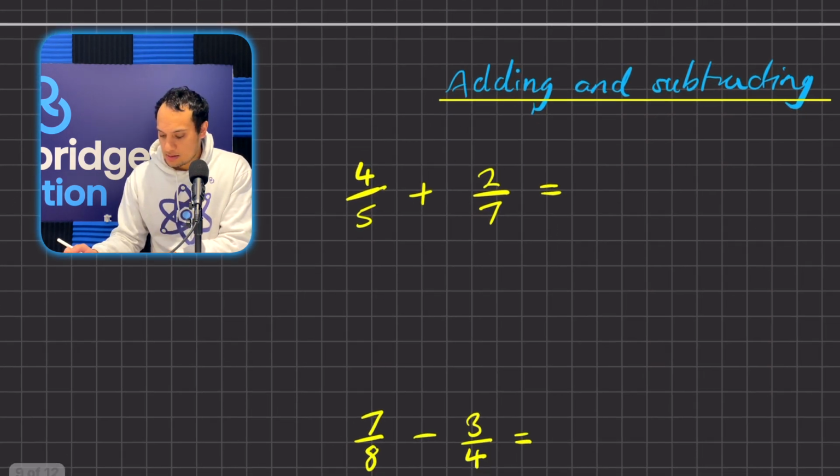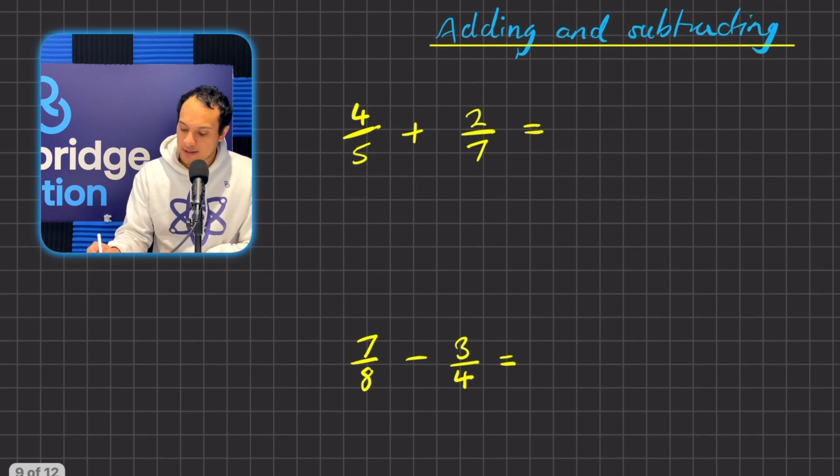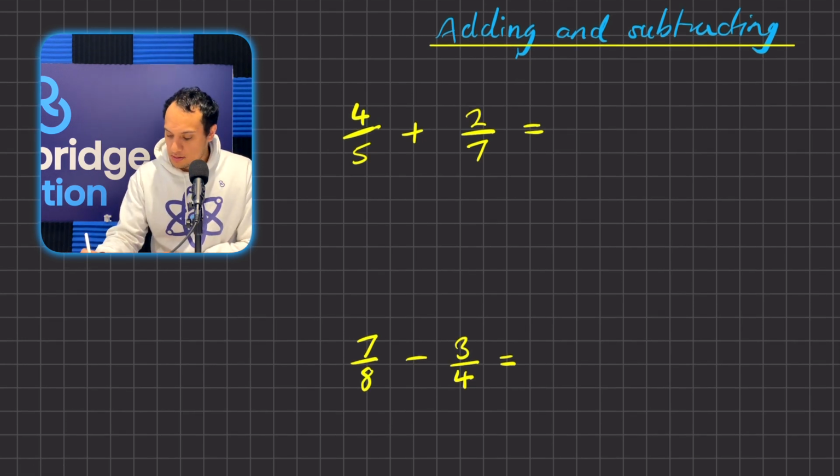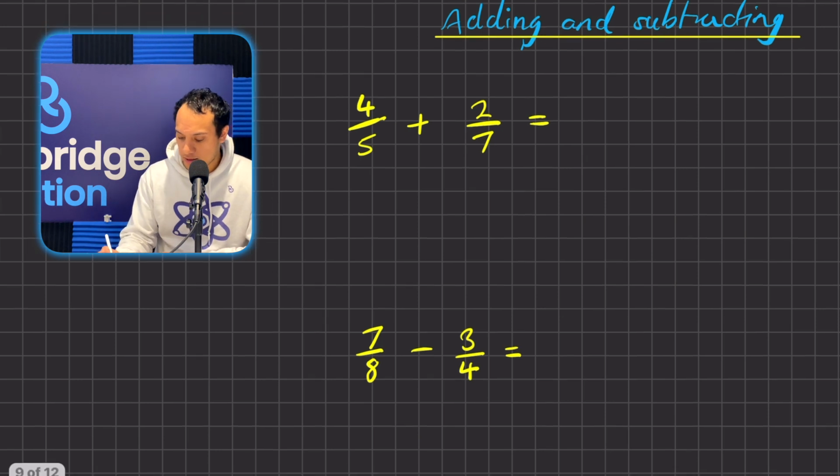Next, let's do some adding and subtracting, right? And just practice this concept a bit. So suppose we've got these two fractions here. We've got 4 over 5 and 2 over 7. We're going to again look at the bottom numbers. So we've got 5 and 7.